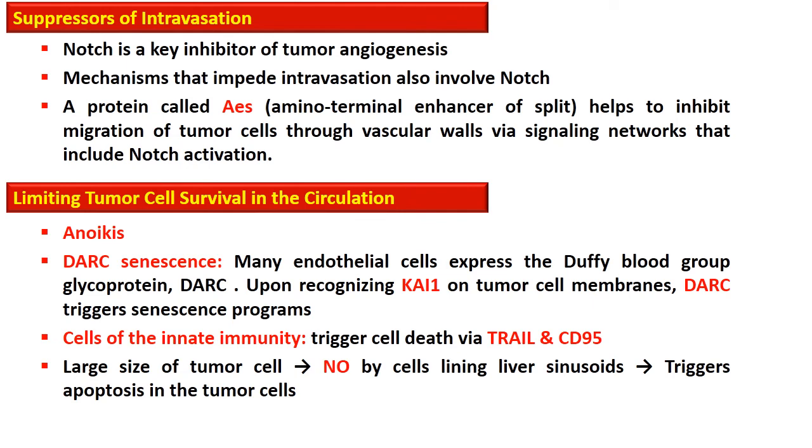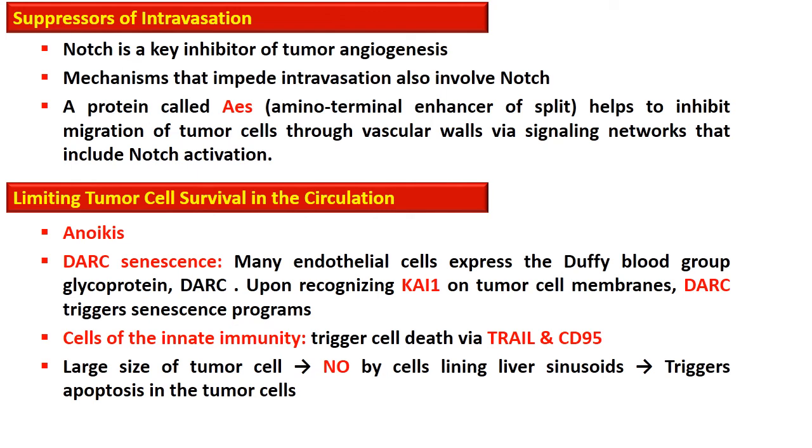And there are some mechanisms that limit tumor cell survival within the circulation. One we have seen in detail, that is anoikis, and many endothelial cells express the Duffy blood group glycoprotein that is DARC, and upon recognition of CD82 on the tumor cell membrane, DARC triggers a senescence program.